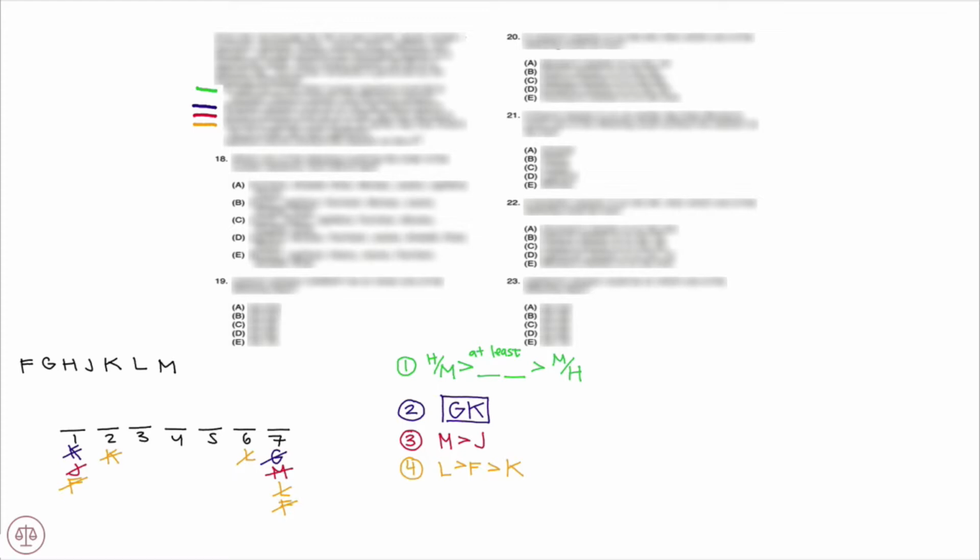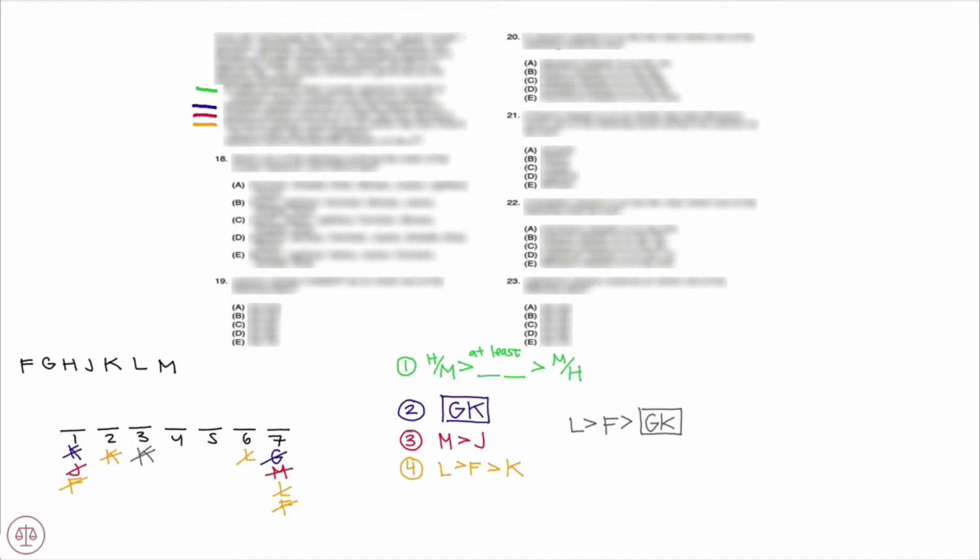But we also can combine rules 2 and 4 like so, where we have L, F, and then our GK block. And this shows us that K has 1, 2, 3 nurses before her, so that means that K can't be third.